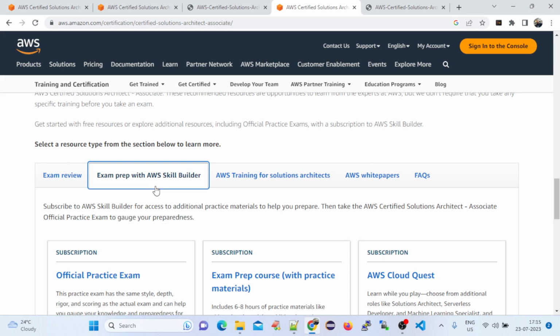Also practice. I would suggest take practice exams as much as possible and learn each and every service, each and every question. Once you have done the questions, see the correct and wrong answers. Study why it is wrong and why it is right, so that you can have more clarity. This is one of the points I would suggest.